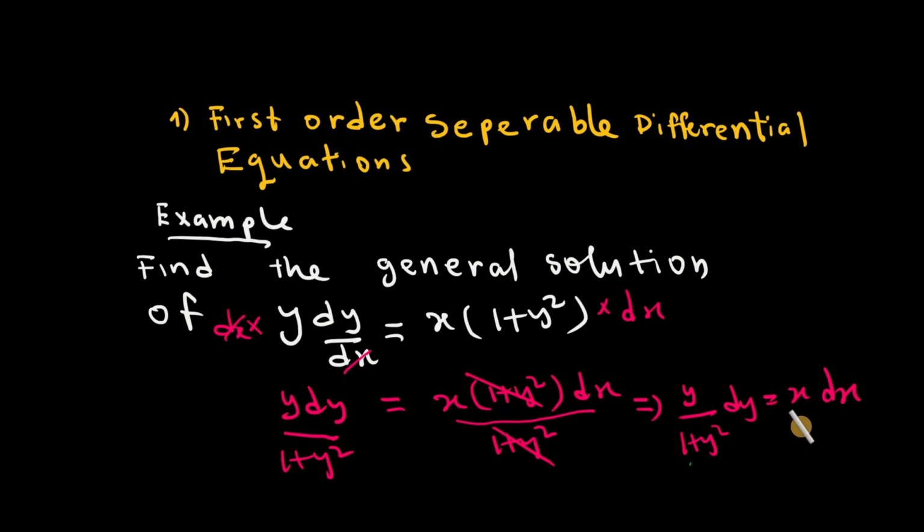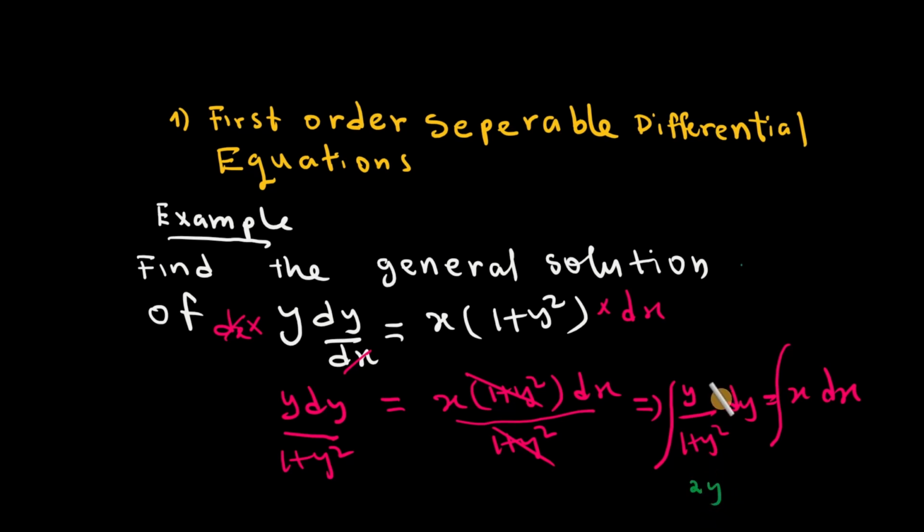Now, to find the general solution of this result, I need to integrate this side with respect to y, and then I also integrate this side with respect to x. If we look at this left hand side of the equal sign, we see that if I differentiate the denominator, I am going to have 2y.